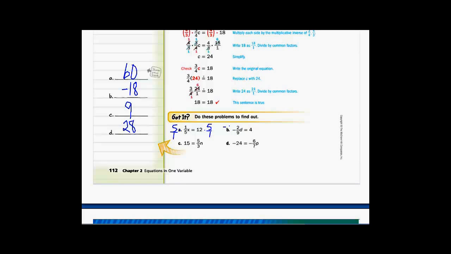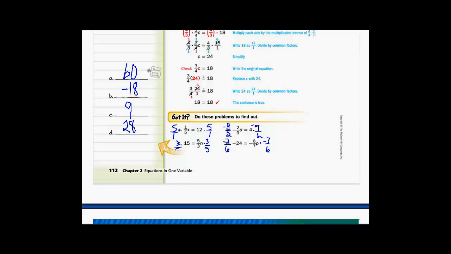Multiply both sides by -9/2. Multiply both sides. Doesn't matter that this one's on the other side. You can still do it. Multiply both sides by -7/6. Multiply both sides by 3/5.